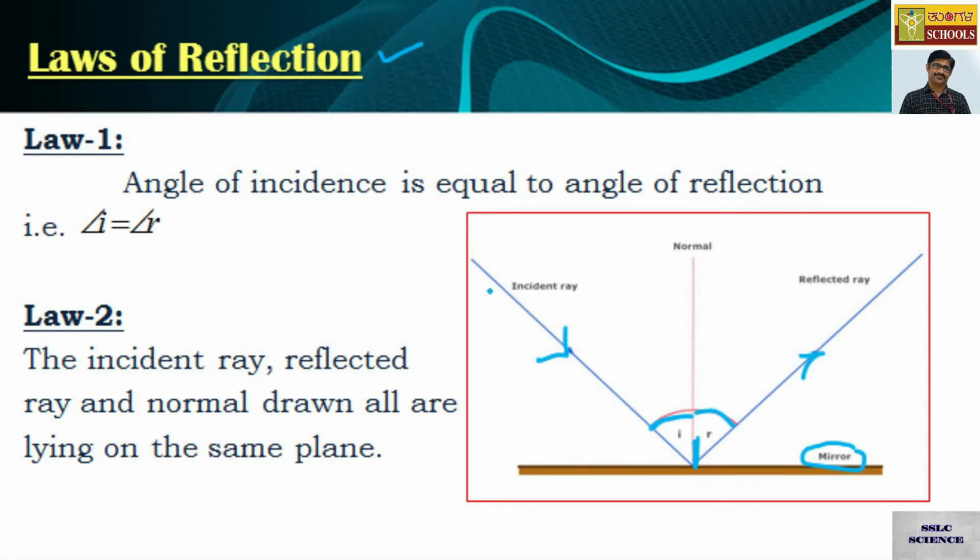According to the first law, I is equal to R, angle of incidence is equal to angle of reflection.